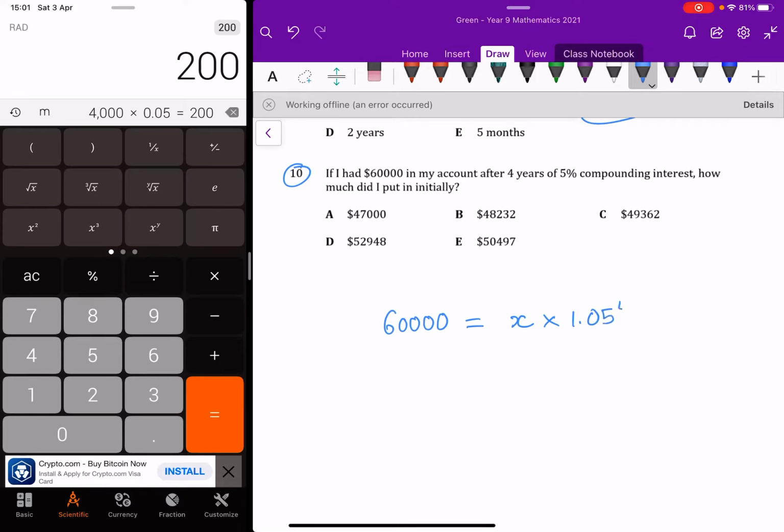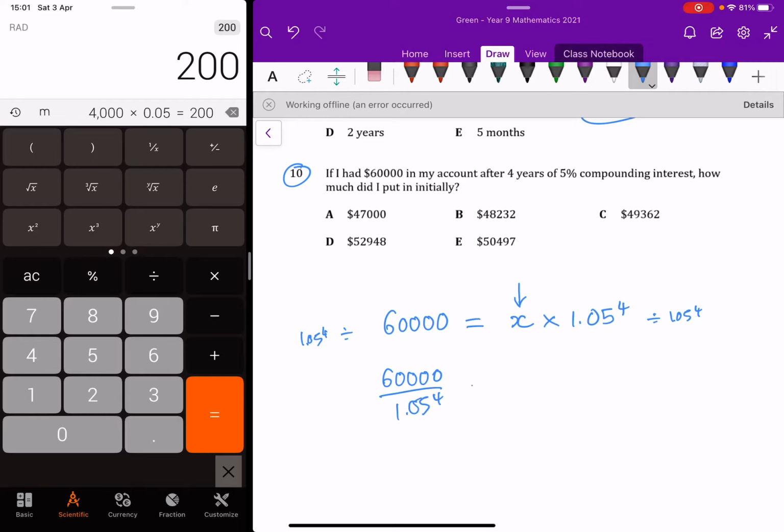1.05 for 4 years, what I actually need to do to work out this X is divide both sides by 1.05 to the power of 4. And this gives me 60,000 divided by 1.05 to the power of 4.